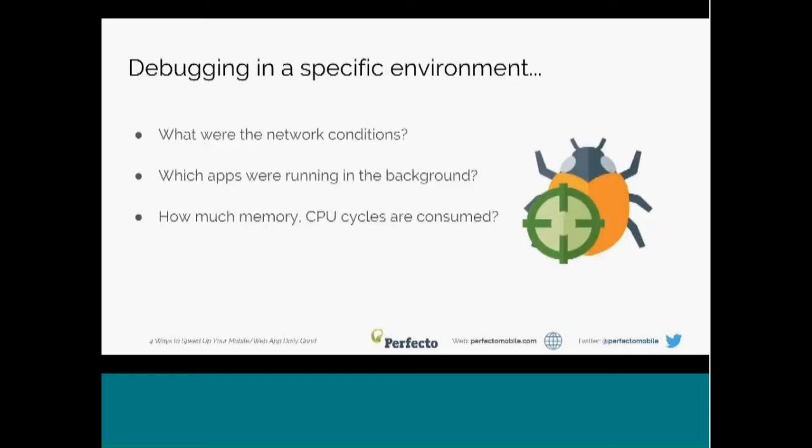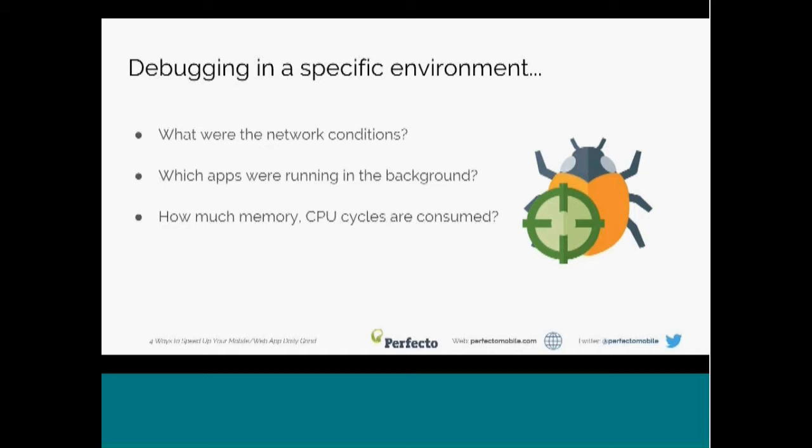Considering the amount of time that we might spend on fixes to bugs that are coming from testing and also from production, whatever the case may be, when you need to figure out what's going wrong and you step through certain debugging tasks, one of the things you need to ask is, what were the network conditions?